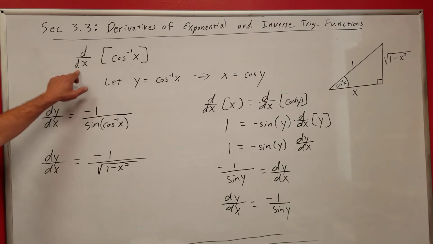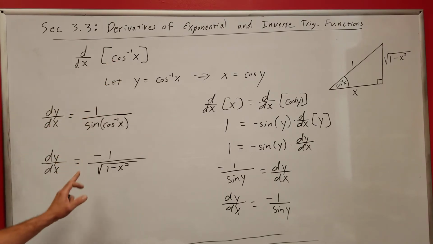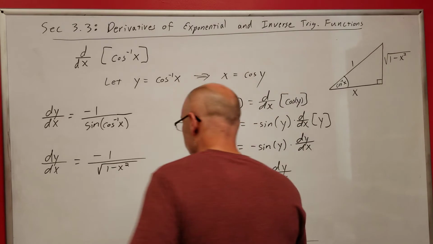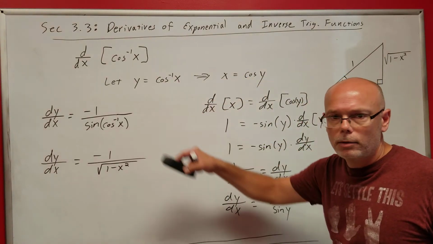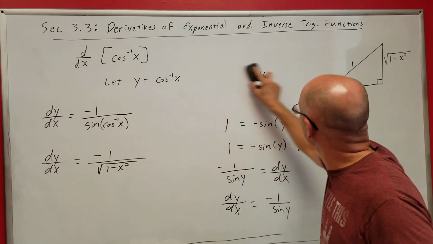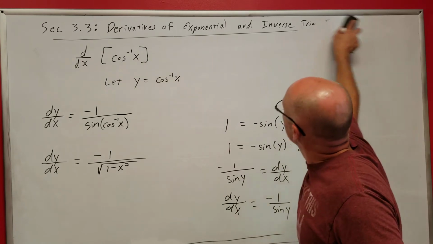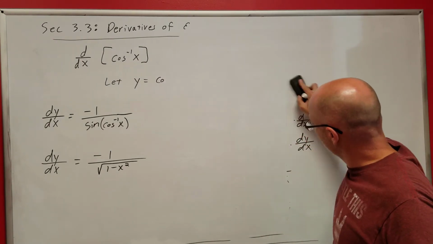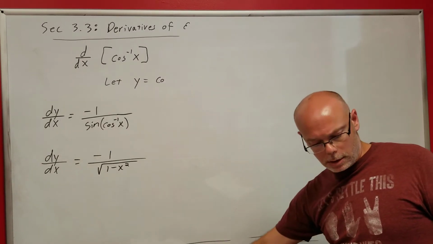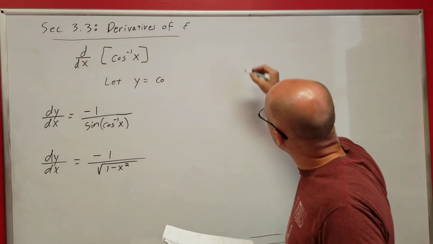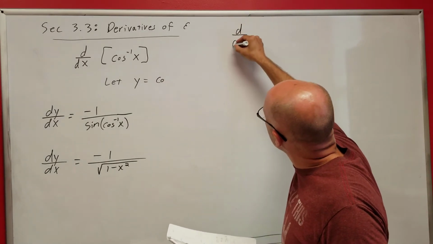We're saying the derivative with respect to x of the inverse cosine of x is negative 1 over the square root of 1 minus x squared. Don't worry, you're not going to have to derive this for this class. You'll need to know that stuff for Calc 2 when you get to integration with trigonometric substitution, but you'll learn it there.